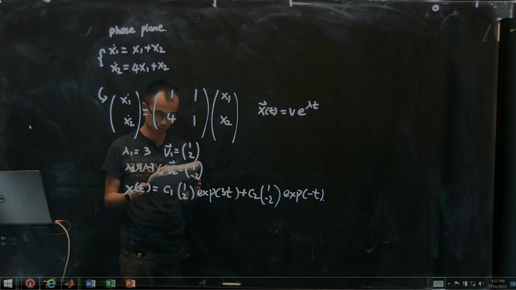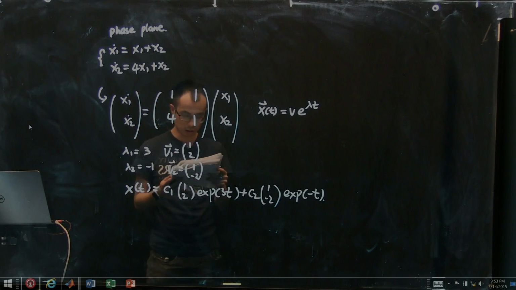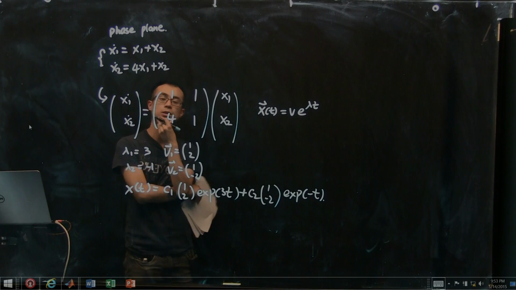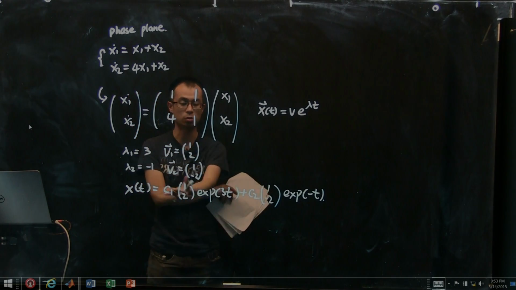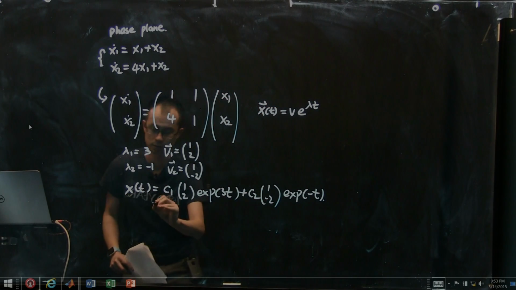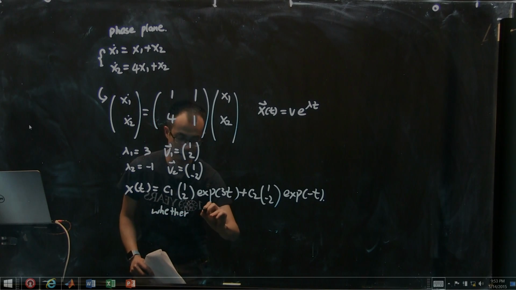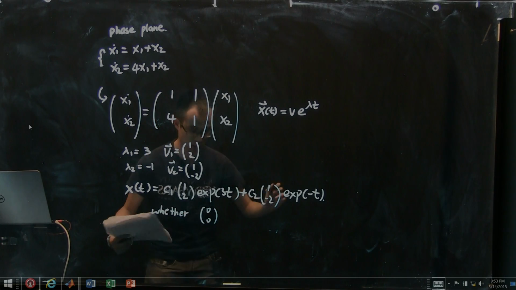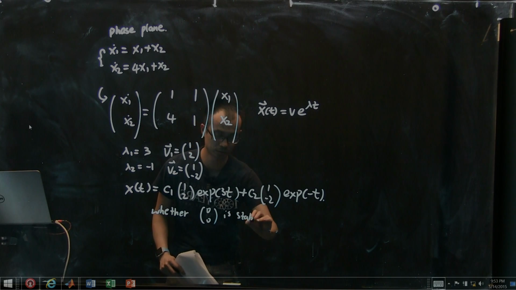All right. Then we want to plot the phase plane for this system. Even though we solved it, we want to see whether 0, 0, as you can see, it's called a fixed point, is stable or not.